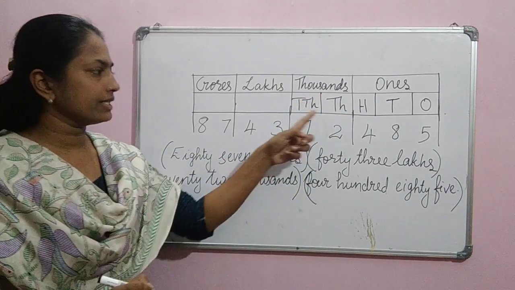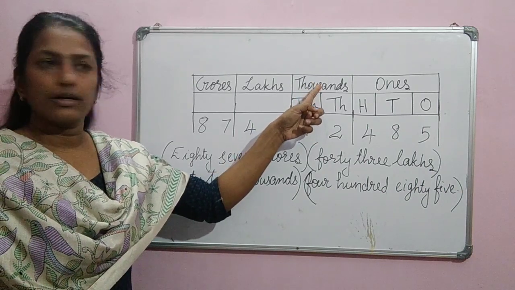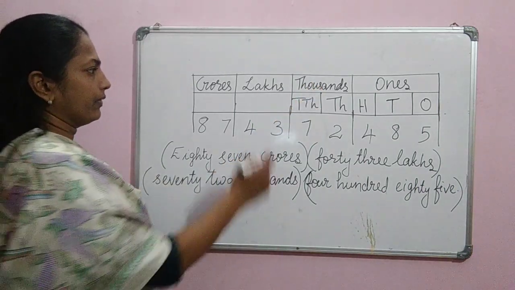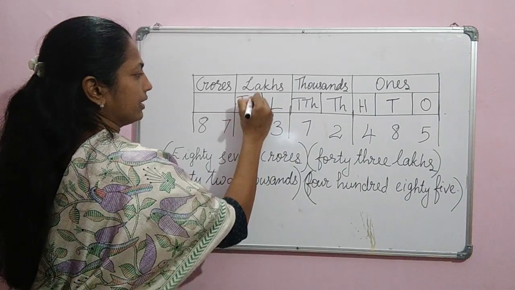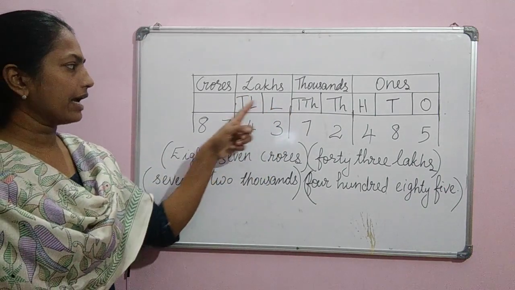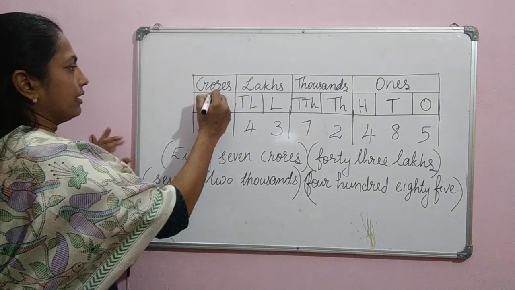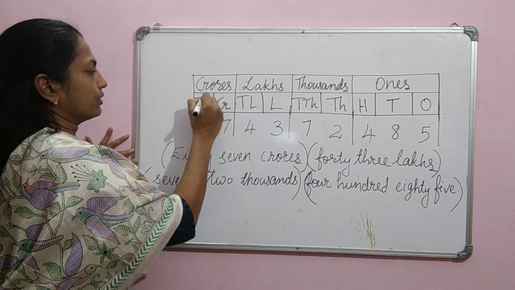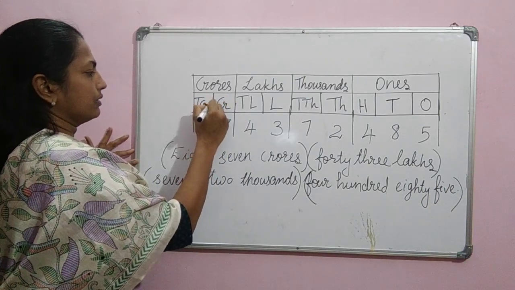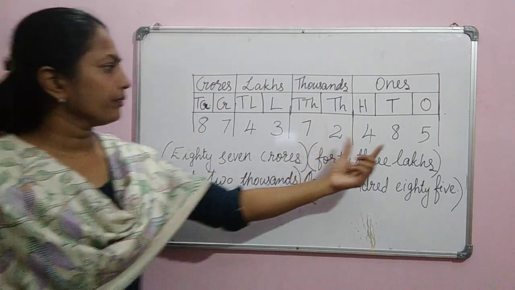So thousands and 10,000s come in thousands group, lakhs and 10 lakhs come in lakhs group, and lastly crores and 10 crores come in crores group.